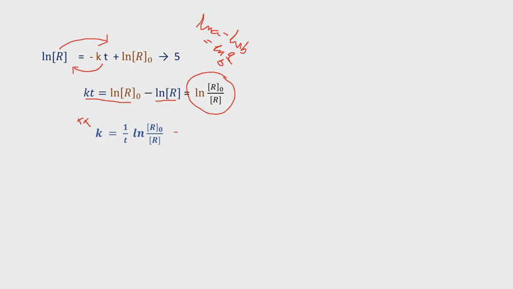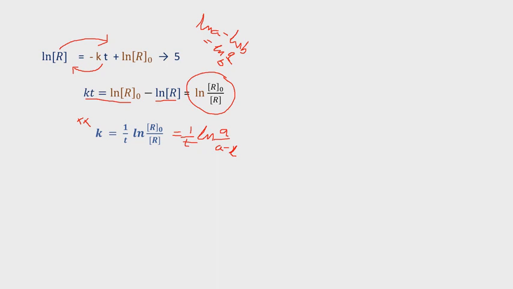It equals 1 by t ln r naught by r, and we write this as a by a minus x. Already you saw in the previous zero order reaction, r naught is equal to a and r is equal to a minus x.